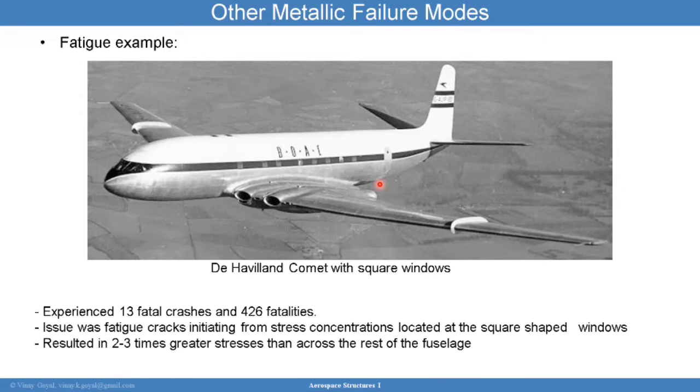And really, the stress concentrations were the cause for these fatigue crack initiations at the square-shaped windows, which then propagated and resulted in greater stresses across the rest of the fuselage and led to a failure event.